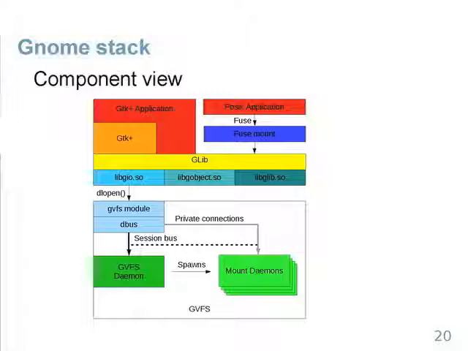GIO separates different file backends. The local file implementation, local file input-output access, is present in libgio itself. The other file backends like FTP, WebDAV, and HTTP, which can be viewed by Nautilus also, have something called the GVFS backend. That's how the calls go through.